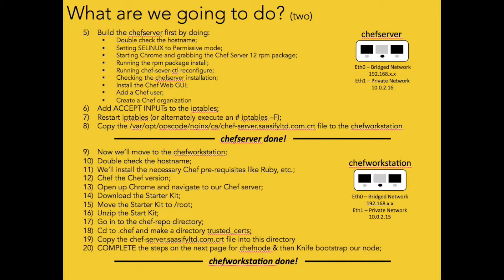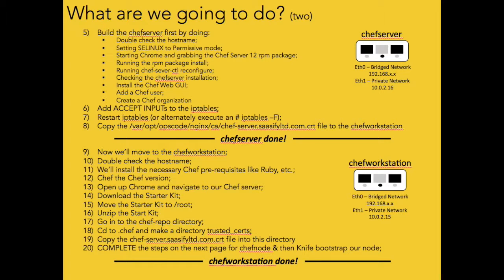Once we've done that, we're going to build the Chef server first. So we're going to double check its host name, because that's really critical. Then we're going to set SELinux, the security within Linux, to permissive mode, just to get around some of the issues that may arise. We're going to grab Chef server.